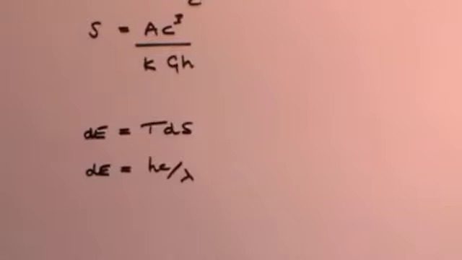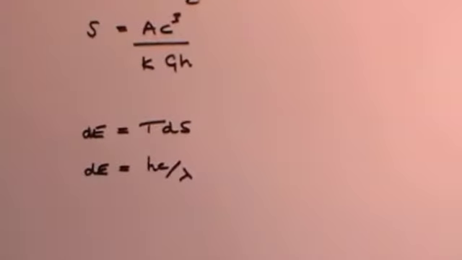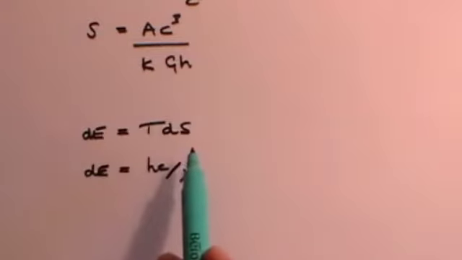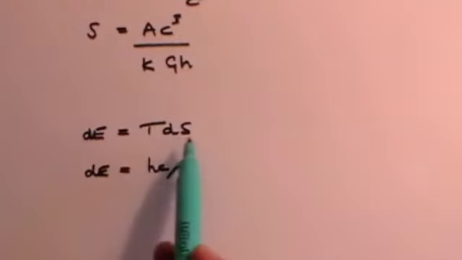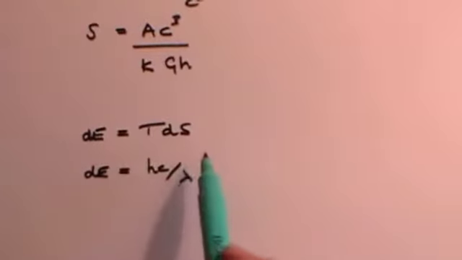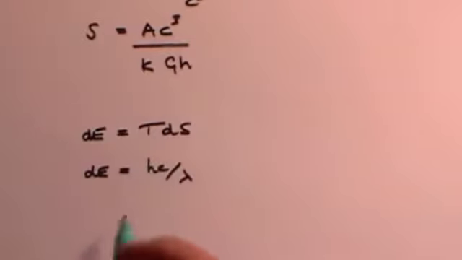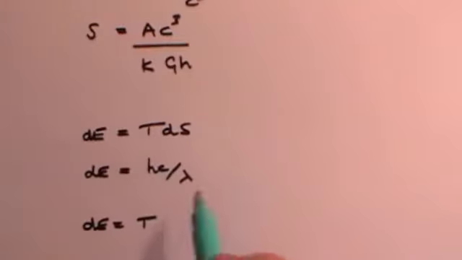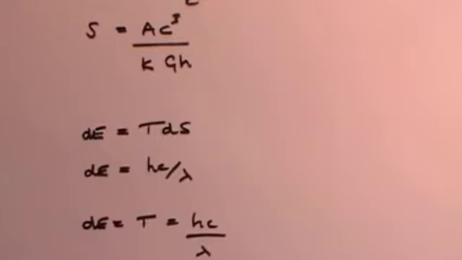So the change in energy from one photon is hc over lambda. So now we can say that for one photon, where dS essentially is 1, because we're saying one photon is 1 unit of entropy, we've got that dE equals T, because dS is 1, and dE is also hc over lambda.